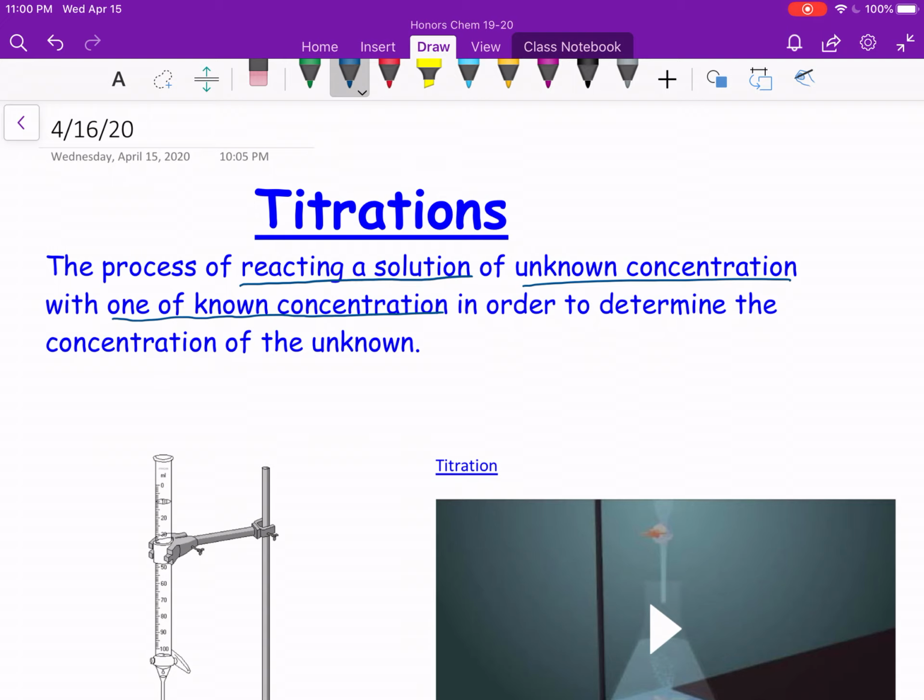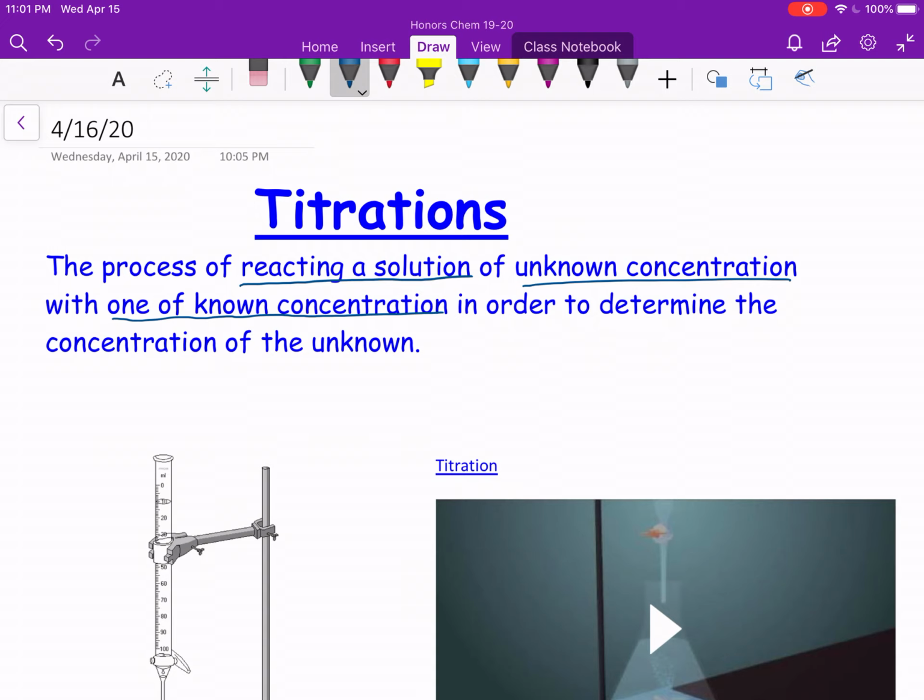And so basically we can do a reaction between two things, and when we do that reaction we can use it to help us determine the concentration of an unknown substance. And so it's what we were doing yesterday, but this is just what the technique is, and it's kind of funky, so I want to talk about it.